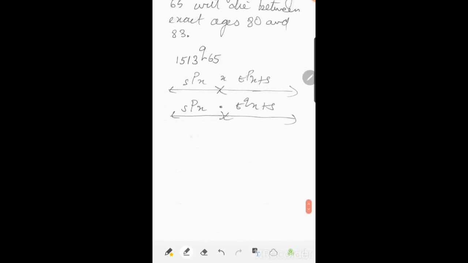So from this explanation, you can say 15|3 q65 is equal to surviving to 80, so 15p65 by 3q80. Are we together?